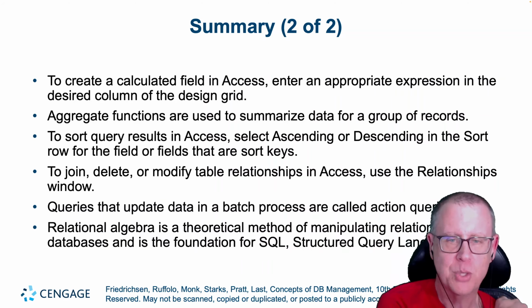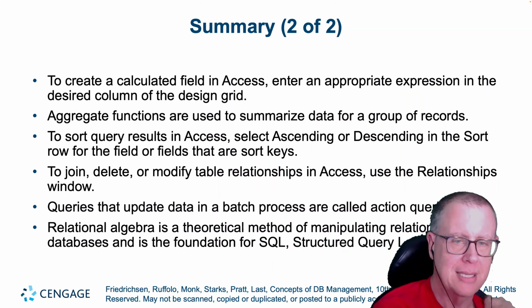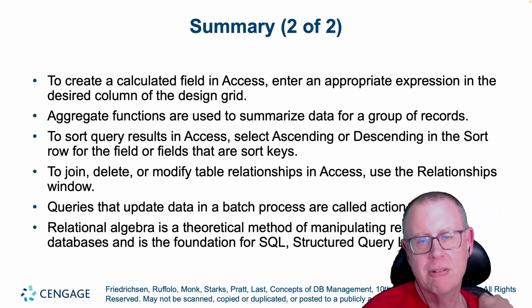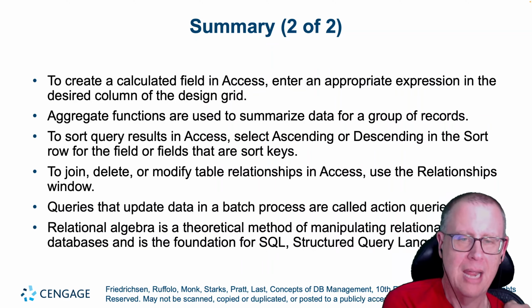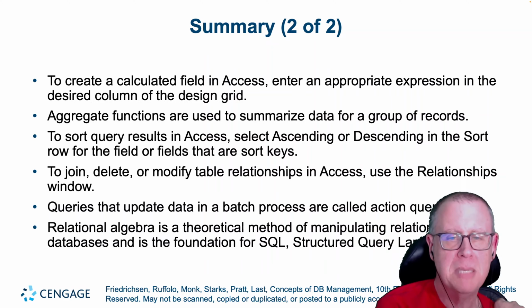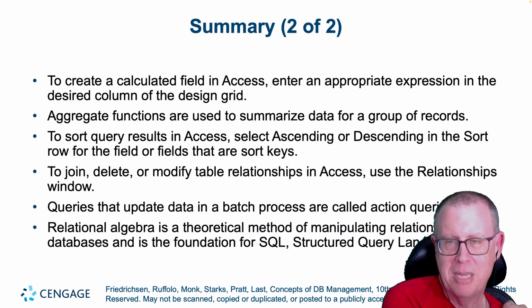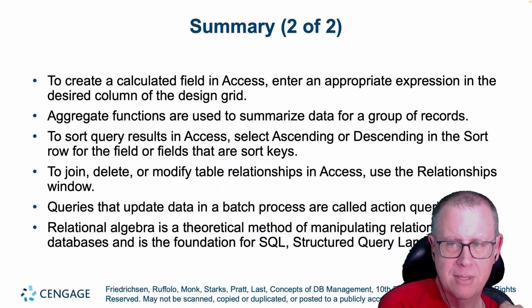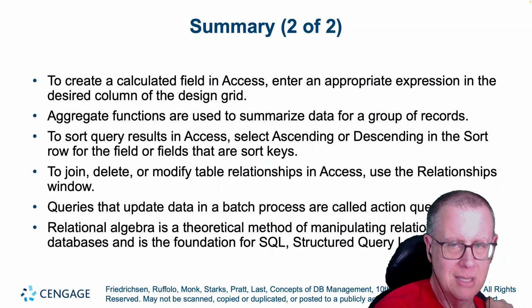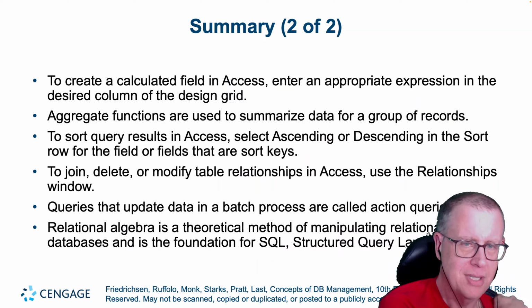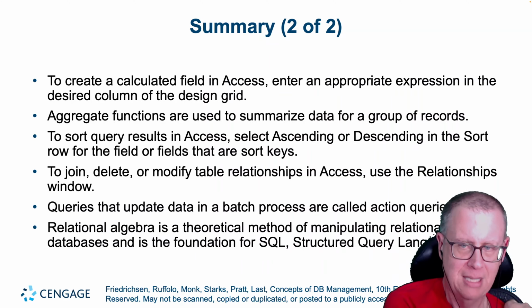Calculated field like that 12 times monthly salary to get annual salary. Aggregate functions like average, sum, minimum, maximum, and count. We may want to sort fields. We may want to join, delete, or update or modify data in tables.